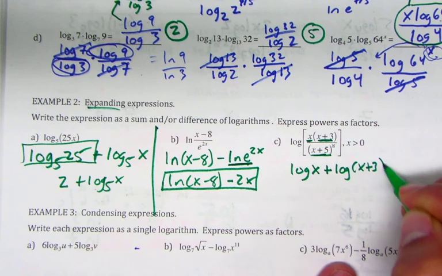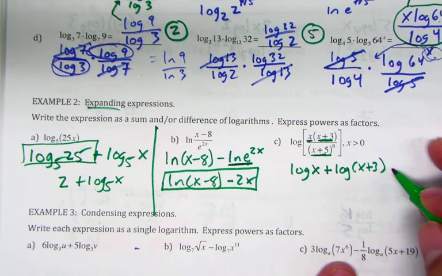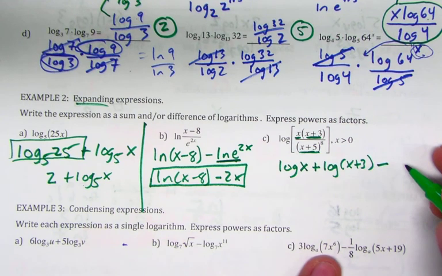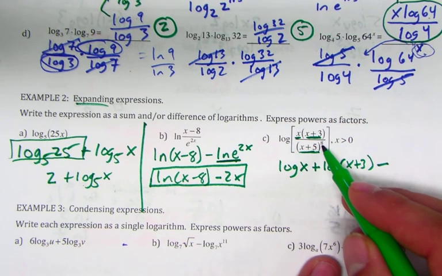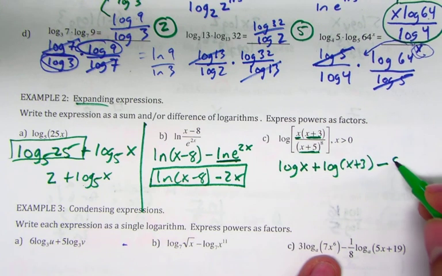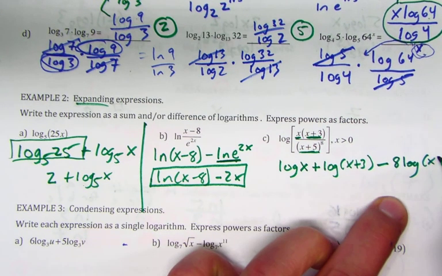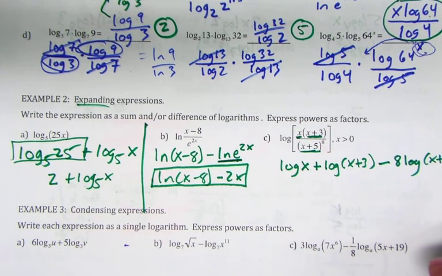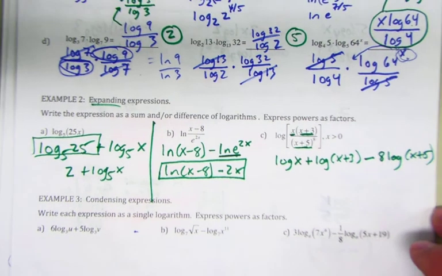And then we're dividing, so what do we do next? Minus, can we do it in one step now? Where's this 8 going to go? In the front. So minus 8 log of x plus 5. Okay. Almost done, you guys.